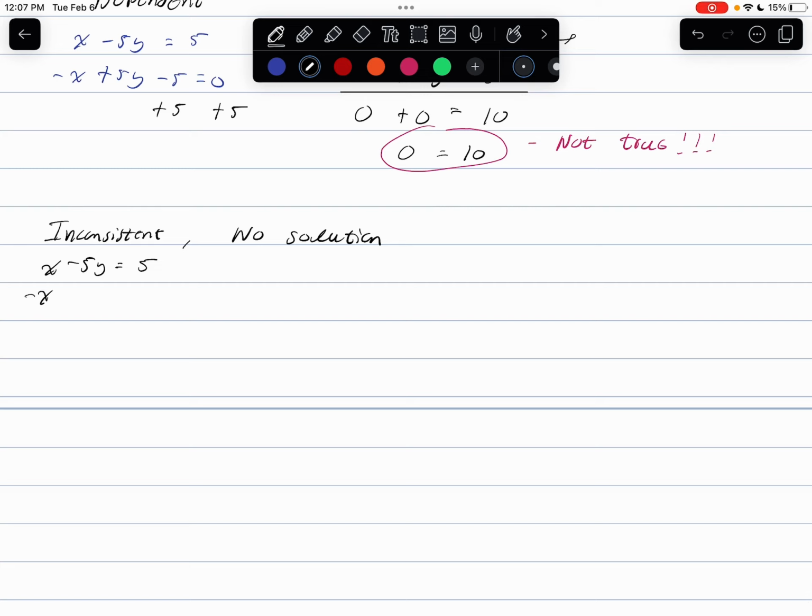So we could take x away, and that's going to give us negative 5y is equal to negative x plus 5. So if we divide both sides by negative 5, we'll end up with y equals negative x over negative 5 plus 5 over negative 5, or we have 1/5 x minus 1.